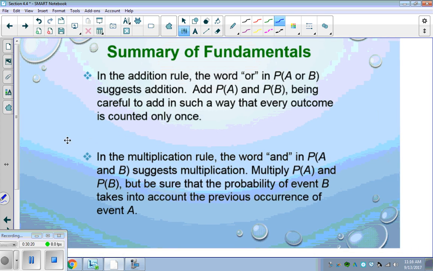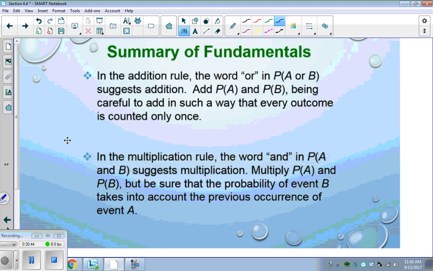So a quick summary there. The addition rule is an OR situation. Remember, in OR, we have to make sure we're not counting the same group twice. Remember, we took the highlighter and said, hey, it's this group, and where we overlapped, we made sure we didn't count them twice.